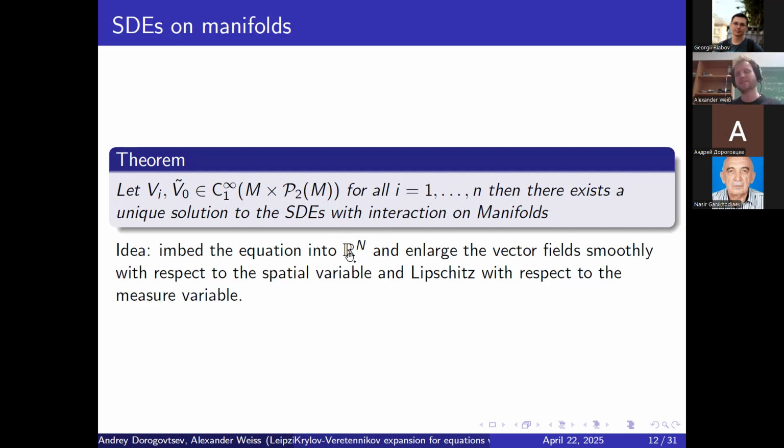Another way is by embedding the equation into R^n and enlarging the vector fields, in our case smoothly, and we can also enlarge them Lipschitz with respect to the measure variable, because we use not just an embedding, but an isometric embedding. So the Lipschitz property is actually preserved for any embedded vector field that we look at.